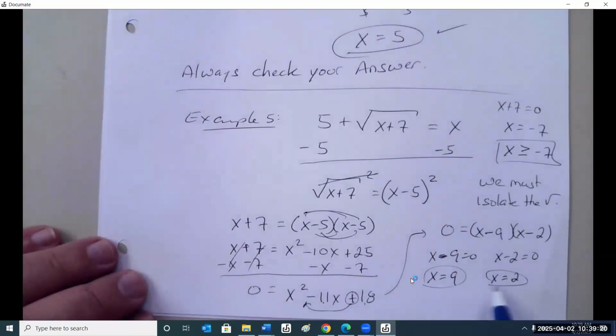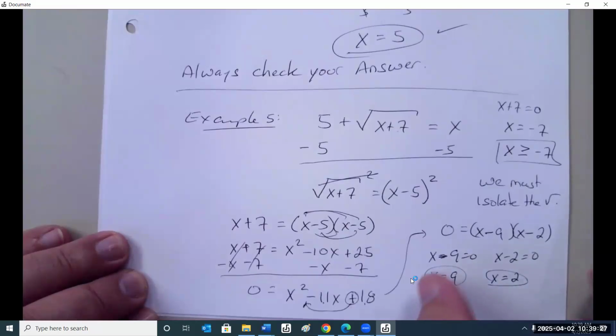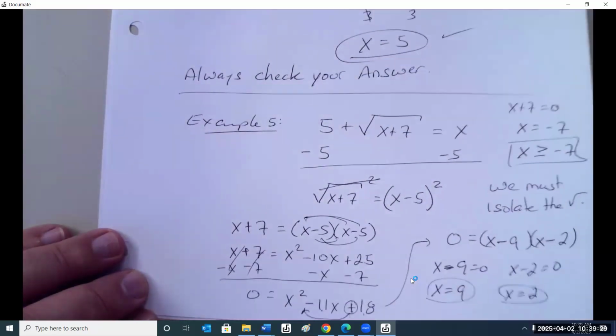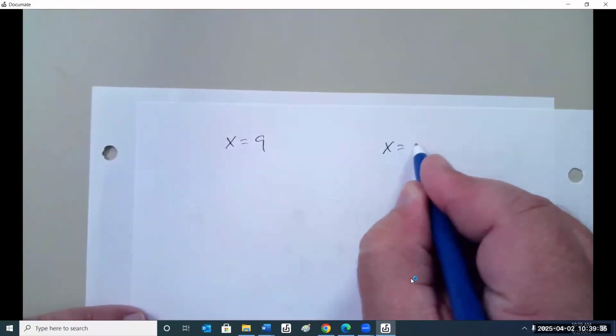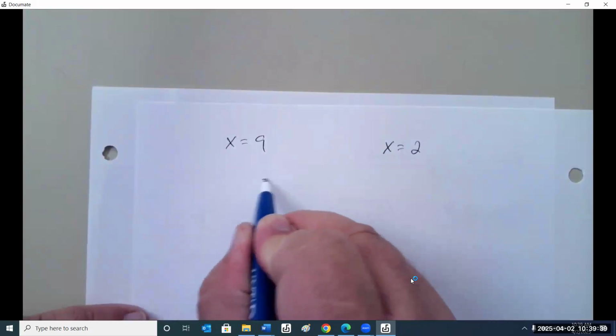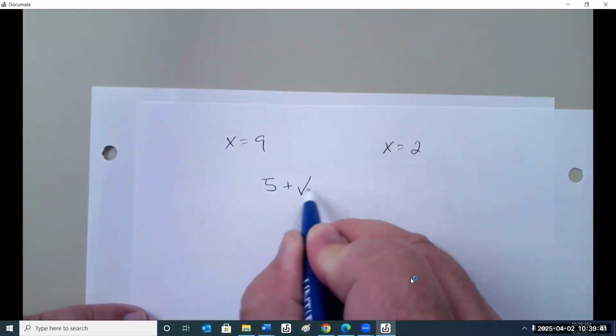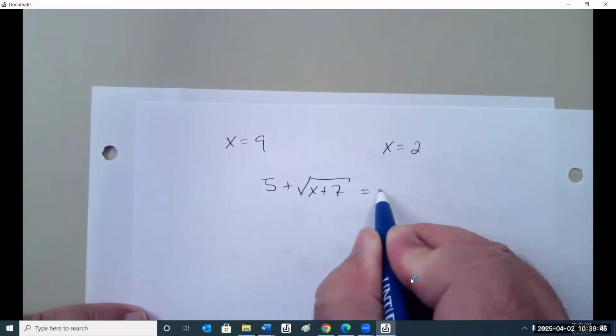Now, we have to check both of these answers. They both satisfy the radical. But do they satisfy the equation? So we have x equals 9 and x equals 2. The equation was 5 plus square root of x plus 7 equals x.